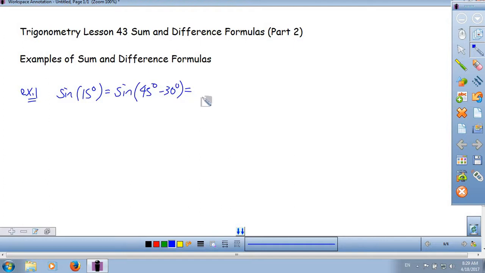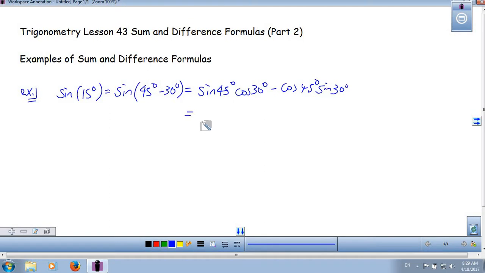The exact answer of sine 15 degrees using an expression: sine of 45 minus 30. Let's use our sine difference formula. It's going to be sine 45 times cosine 30 minus cosine 45 degrees times sine 30 degrees. Let's use our knowledge of the unit circle to evaluate this.